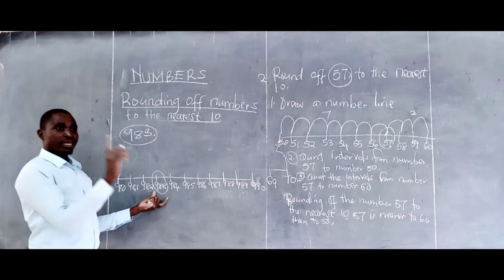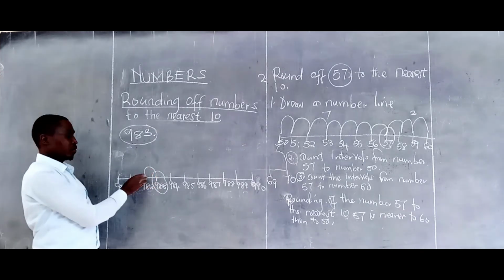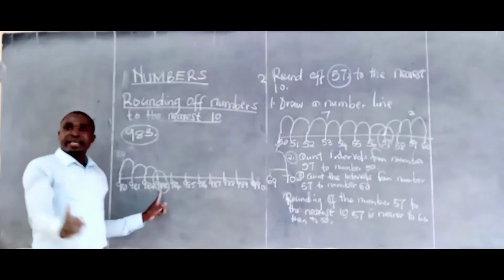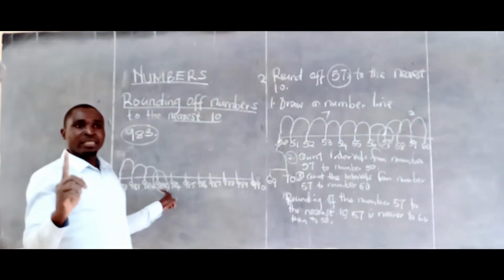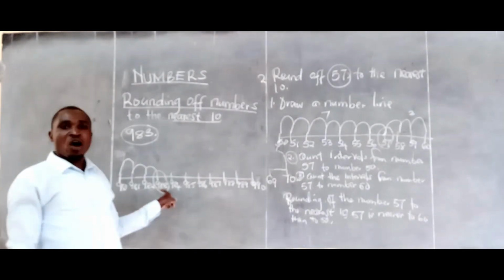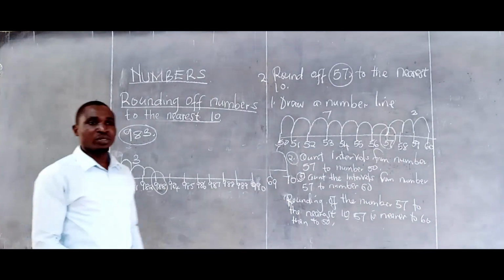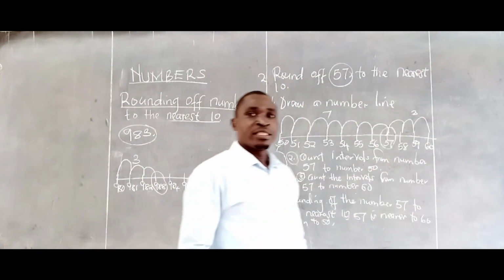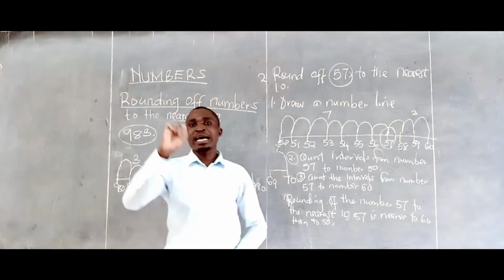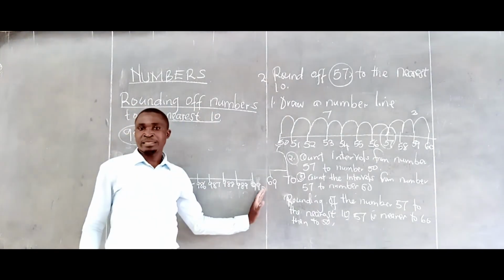Now, our number is here on the number line. Let's count. From our number 983, we are counting backwards up to 980. How many intervals are there? There are 3. Very good. Step number 3, we again count the intervals from 983, which is our number, up to 990.